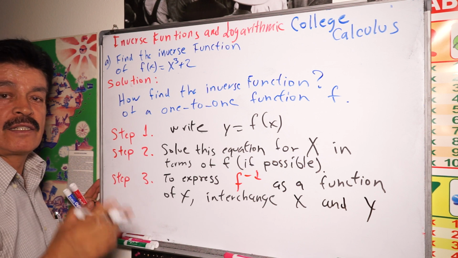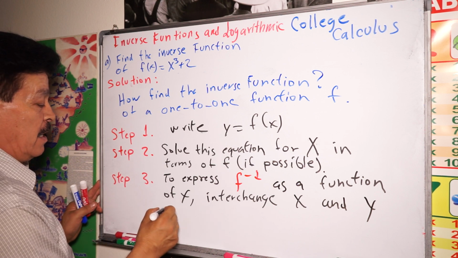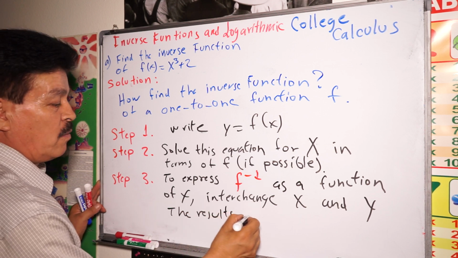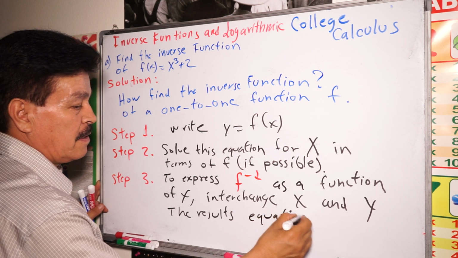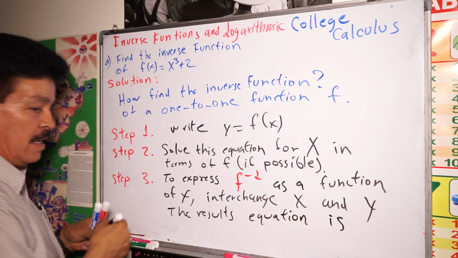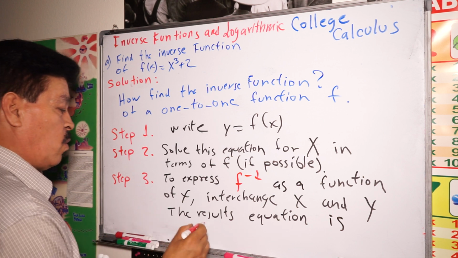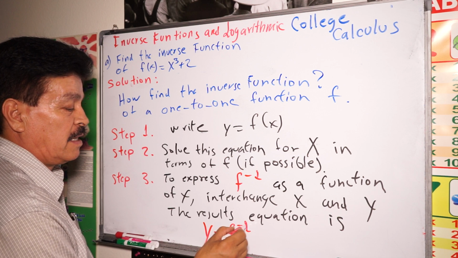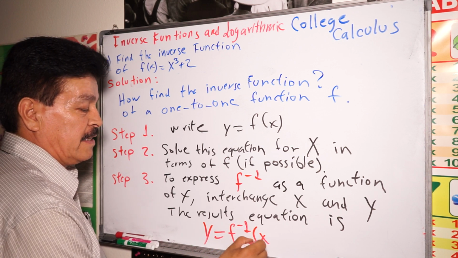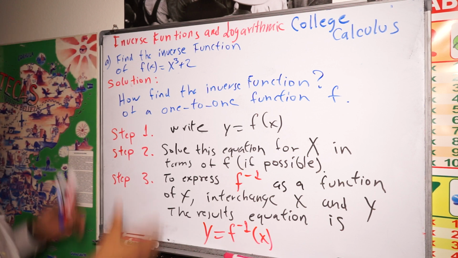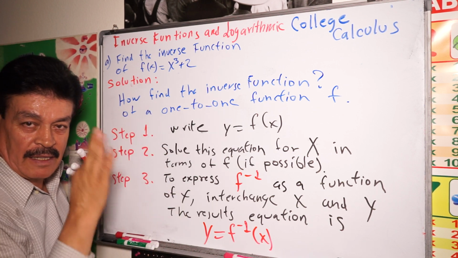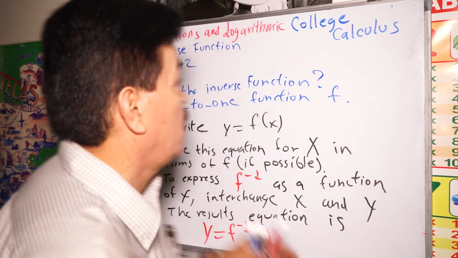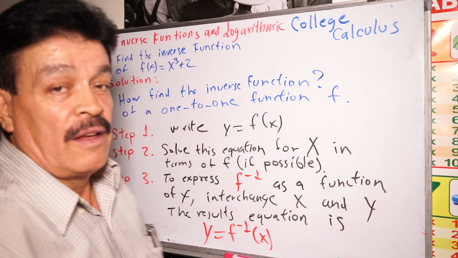All right, interchange x and y. The resulting equation is y equals f minus 1 of x, this is the symbol, right? So this is the whole process, step by step, 3 steps to find or to solve the inverse function.